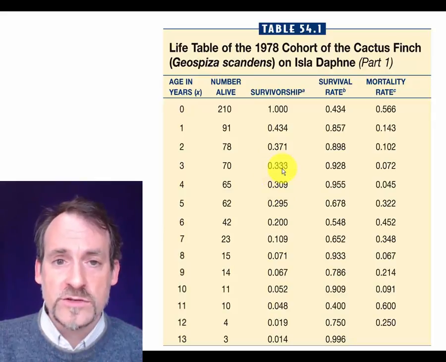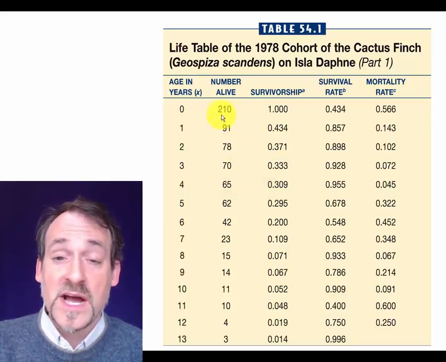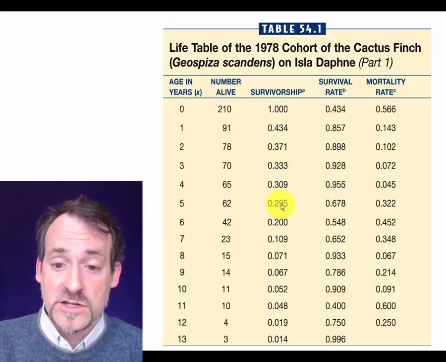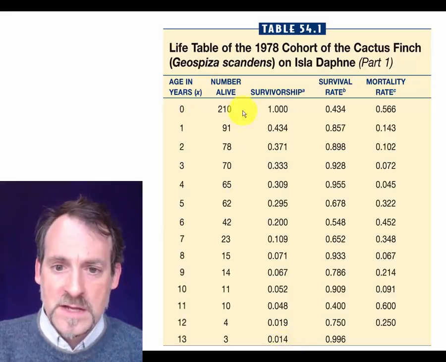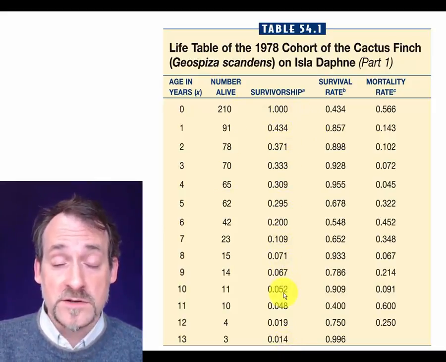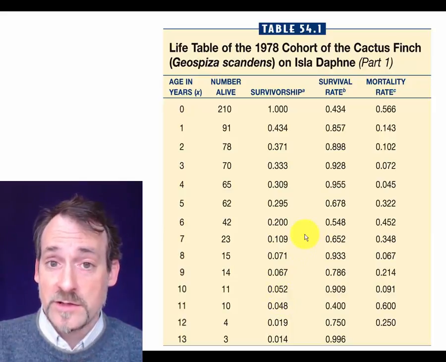And each time what you're doing is you're dividing each one of these numbers by 210. So 0.295 is 62 divided by 210. 0.2 is 42 divided by 210, and so on. And obviously there's a trend here. This number always goes down over time and never comes back up.